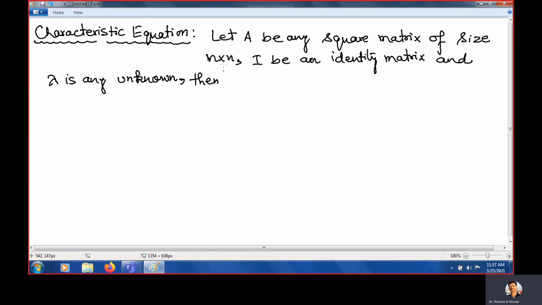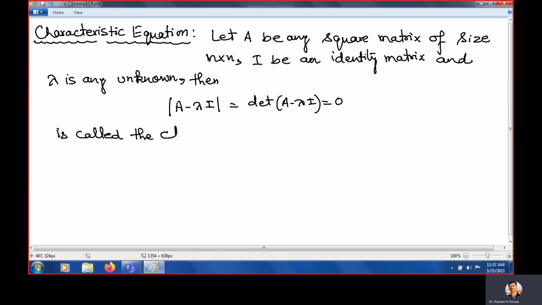Then the determinant of A minus lambda I equal to 0 is called the characteristic equation.